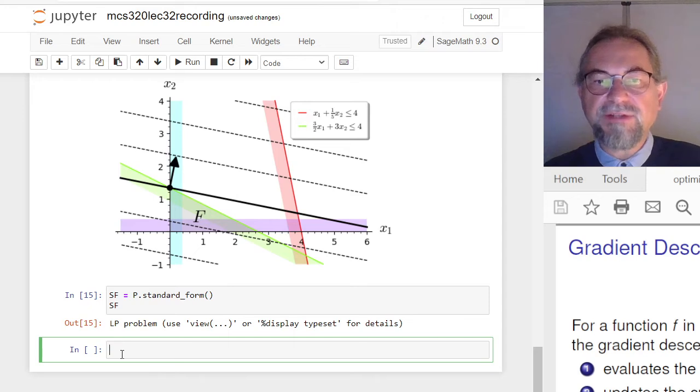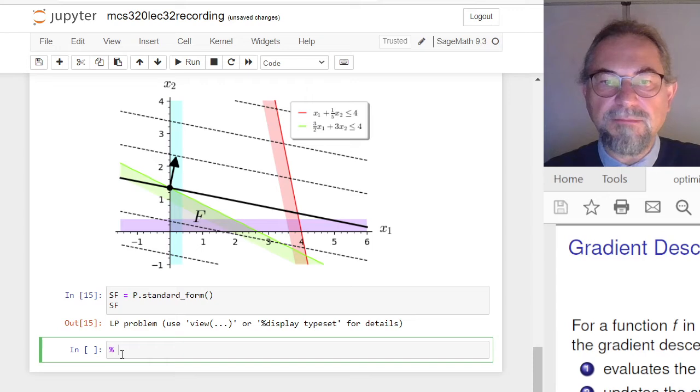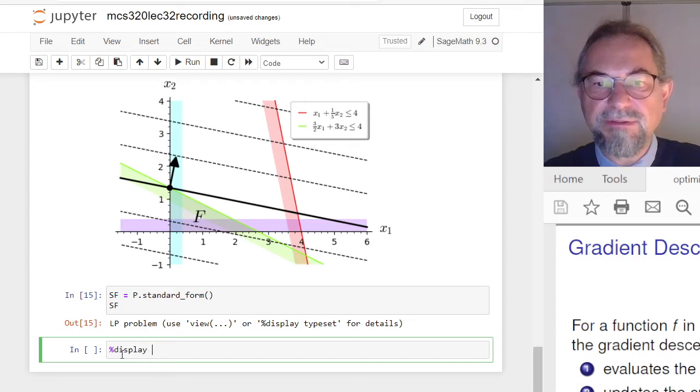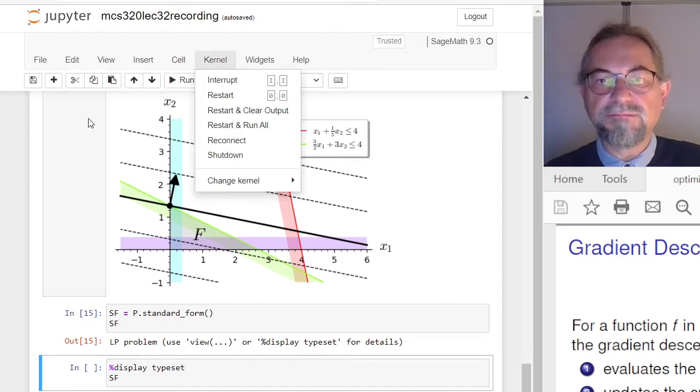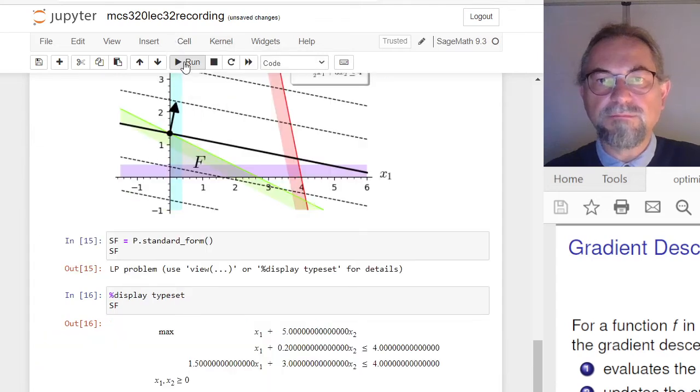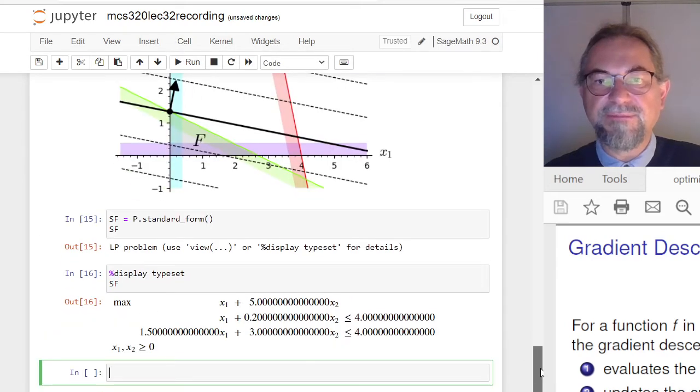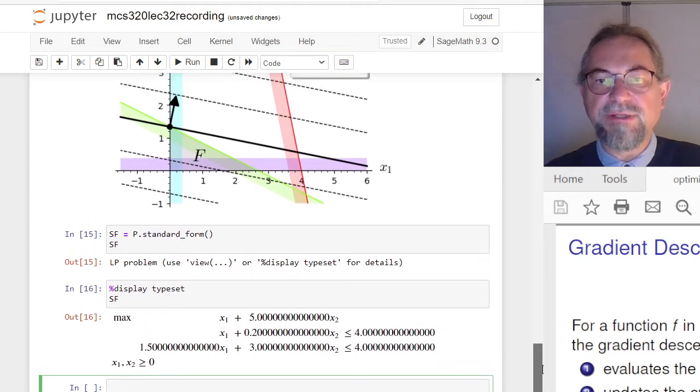But if I actually want to see this problem, I have to provide the typeset. So this is a directive that will say that everything has to be formulated or typeset nicely using LaTeX. So again, if you do the view, the PDF will be generated in a popped-up window.